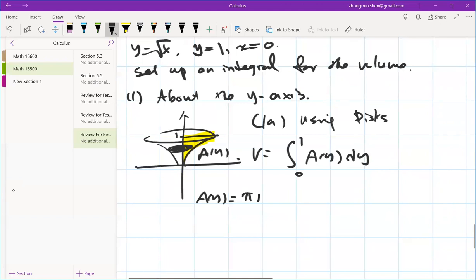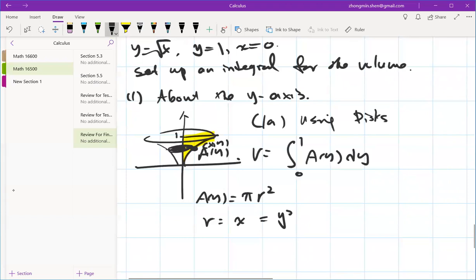And you have to find out what A(y) is. It's going to be pi r squared, where r is the radius. What is the radius? You choose that special point x and y, so r is going to be just x. Now you have to express x in terms of the y variable, because this is a point on the curve y equals square root of x.